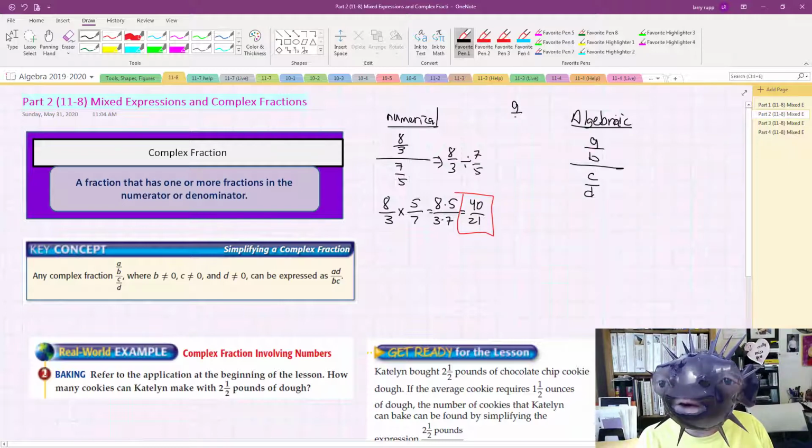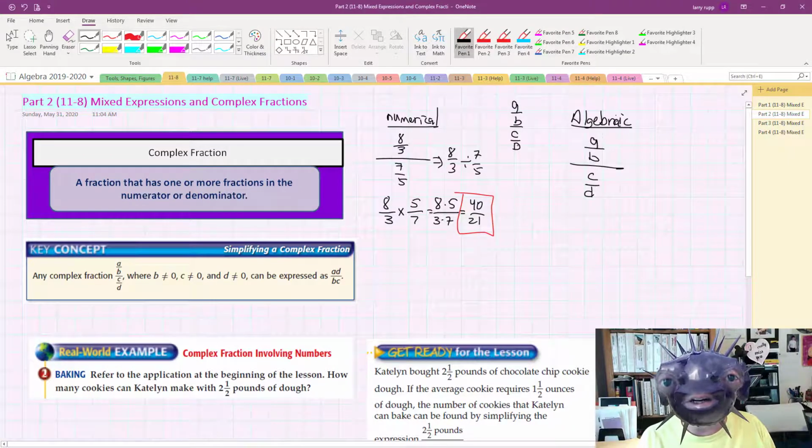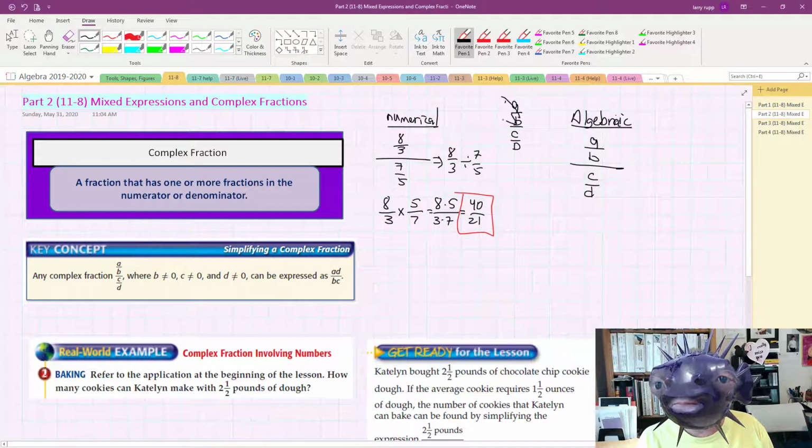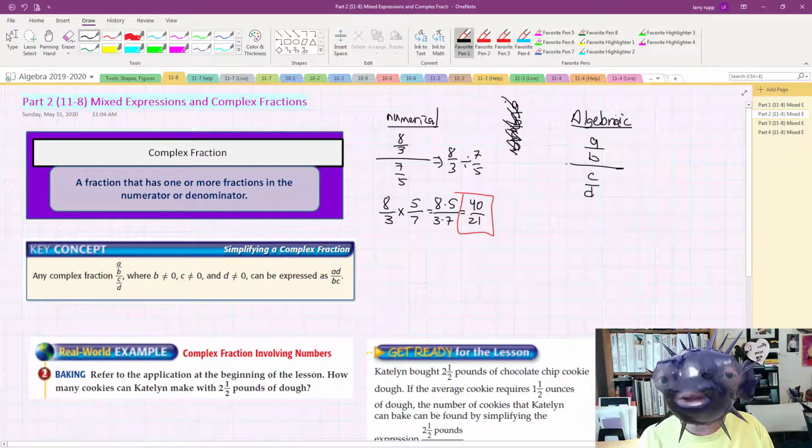A over B over C over D is really hard to tell what exactly is going on there. So don't do that. Make the bar in the middle the main one.